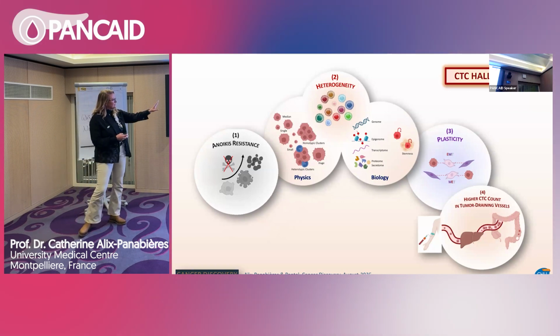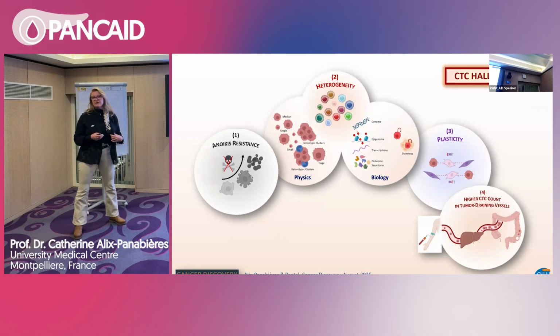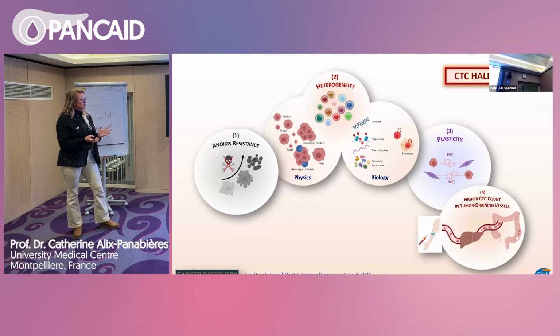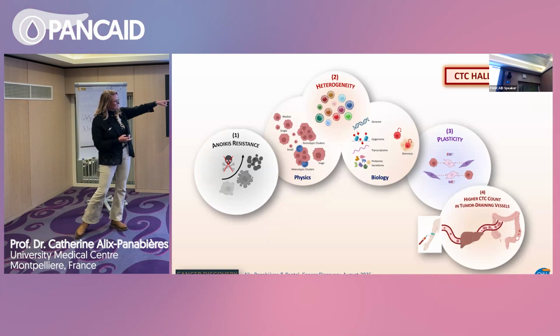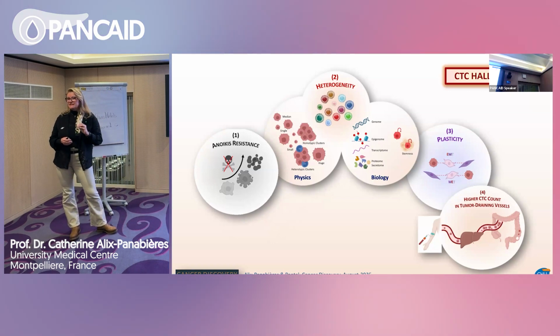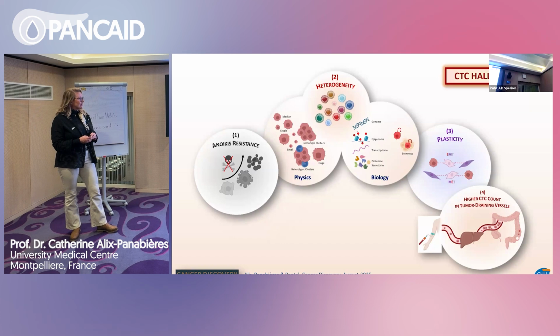You can see on the right side that you have this heterogeneity with mutations, at the transcriptional level, but also at the proteome level, secretome. So it's like full information that we can get from a single cell. And of course, you see that I put stemness because we know that a very small subset of these CTCs is able to self-renew and to give rise to metastases.